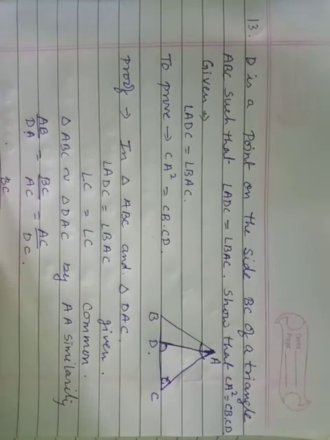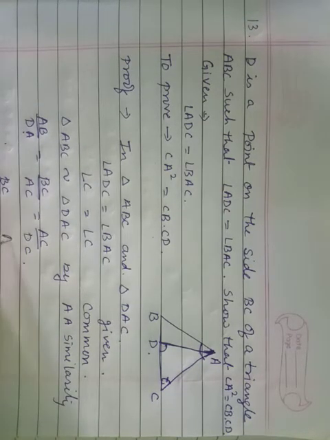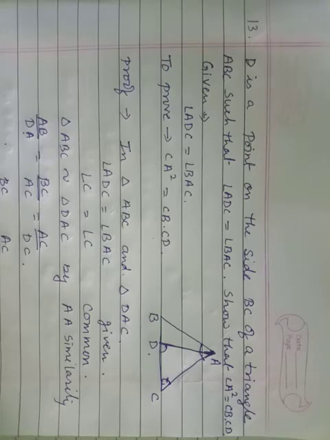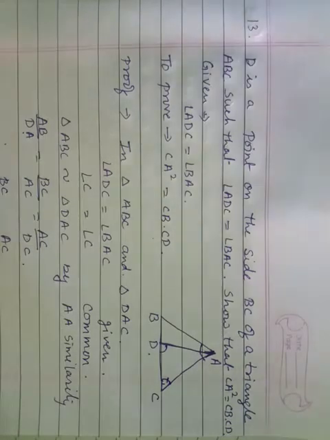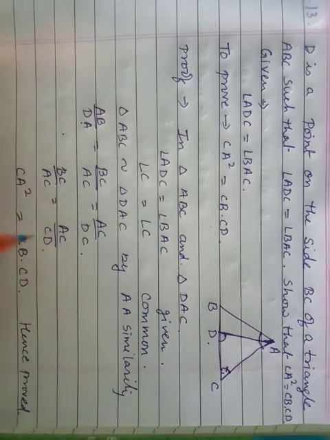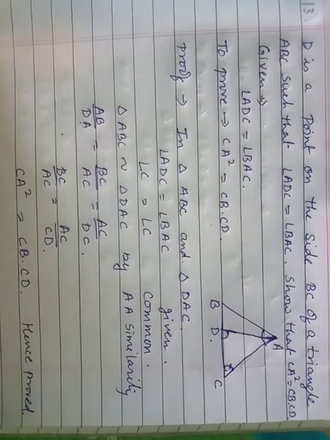BC by AC is equals to AC by CD. So here we'll get CA square or AC square is equals to CB into CD. Hence proved. By cross multiplication, CA square is equals to CB into CD.